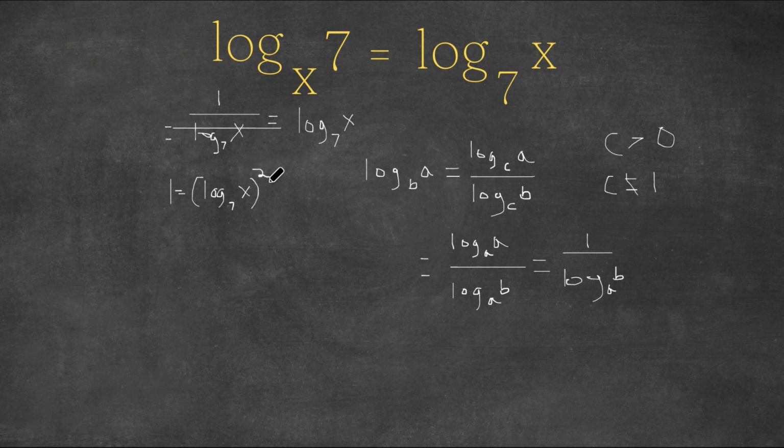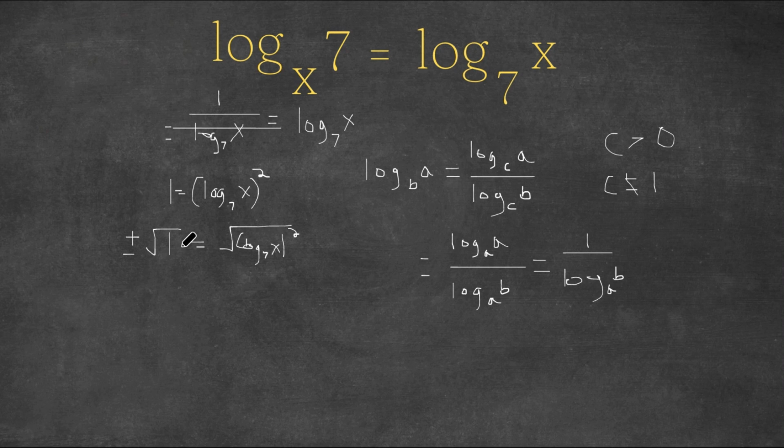Now, to get rid of the squared, we're going to take the square root of both sides. So we're left with plus or minus the square root of 1. Remember, we've got to include the plus or minus. This equals the square root of log base 7 of x squared.